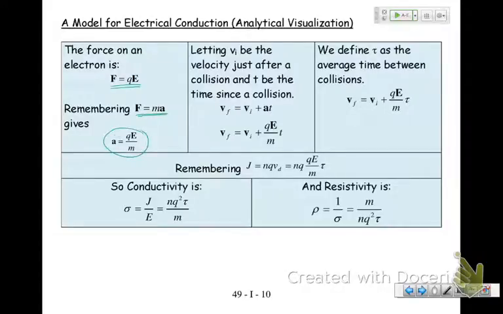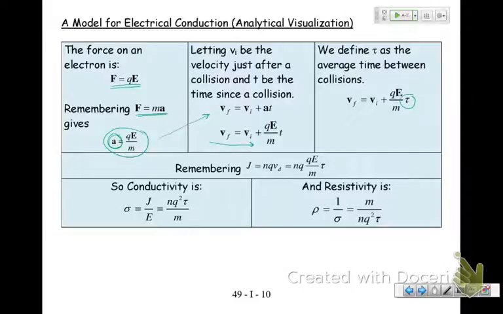That gives us an acceleration, and I can substitute it into my kinematic equations. Then I can invent this time, the time between collisions on average. How long is it between collisions? Let's just call it a time constant. We're going to do that a lot in different things. Then we have an expression for our current density, so we'll bung that in.